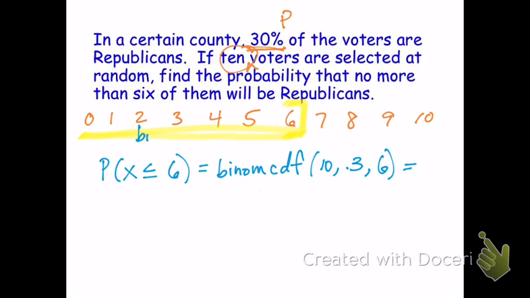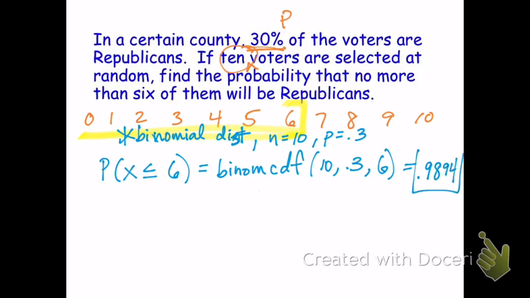So I would say it's a binomial distribution, n equals 10, p equals 0.3. So you should get, when you type this in, 0.9894. Go out 4 decimal places for these questions.